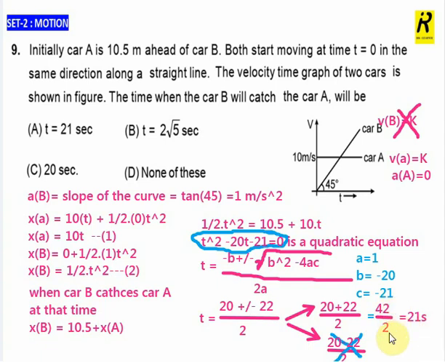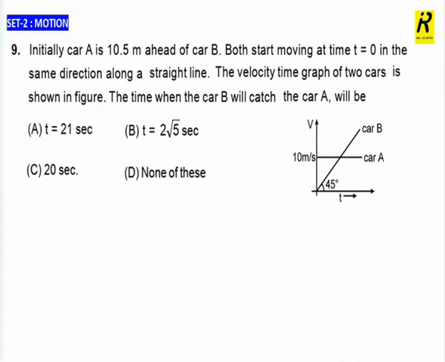Okay, 42 divided by 2 is 21 seconds. So our answer is 21 seconds, which is here. So that's all about question number 9. Let me take you to the next question, which is question number 10.